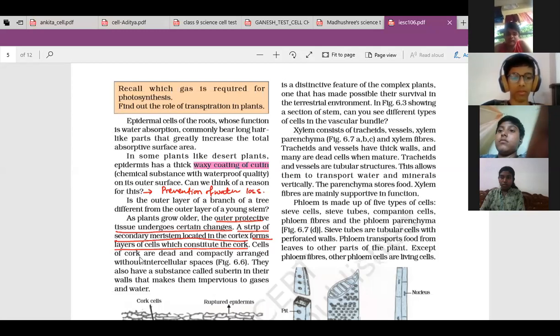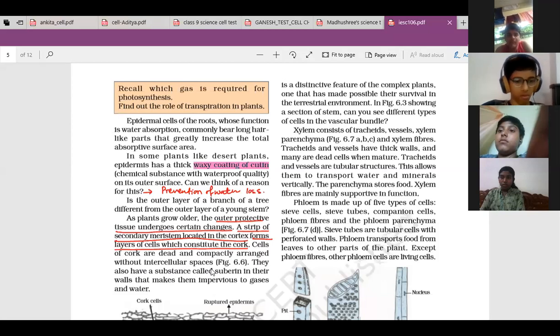The cells of cork are dead and compactly arranged without intercellular spaces. Epidermis is living tissue. But when it gets converted into cork after certain changes, two or three layers are formed over the epidermis, and then finally it completely dies, and that we call cork cells.